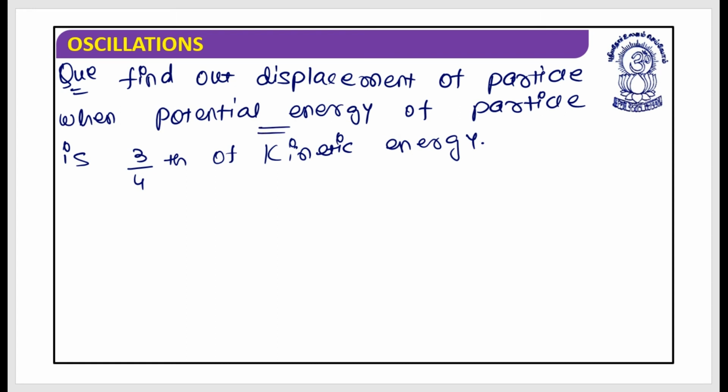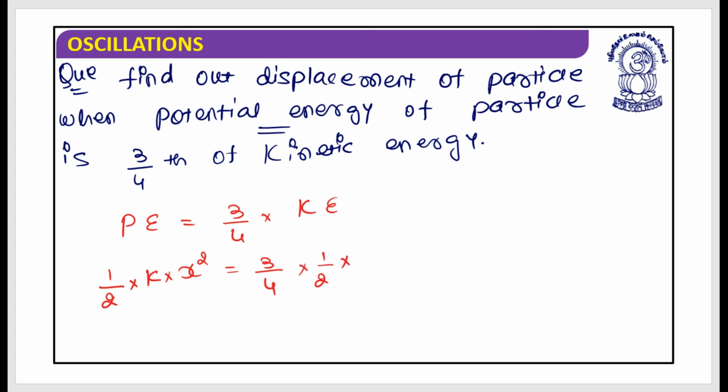It's potential energy. This is the situation where the potential energy is equal to 3/4 of the kinetic energy. The potential energy can be written as half into k into x square. This is equal to 3/4 multiplied by the kinetic energy, which is half m v square.